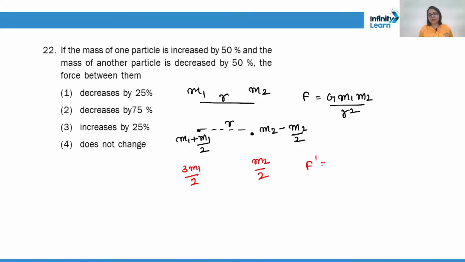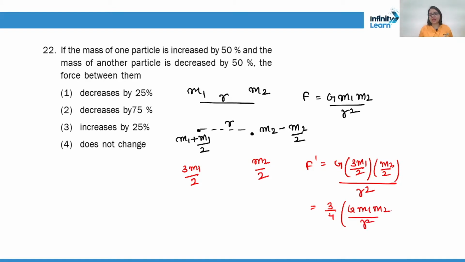So new masses will be 3m1 by 2 and m2 by 2. So new force F dash will be G into 3m1 by 2 into m2 by 2 divided by r square, which equals 3 by 4 G m1 m2 divided by r square. But G m1 m2 divided by r square is the old force.